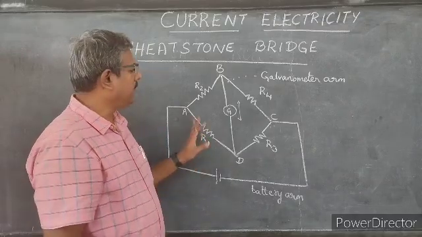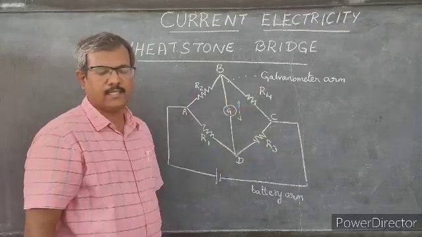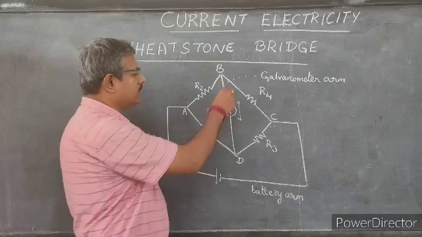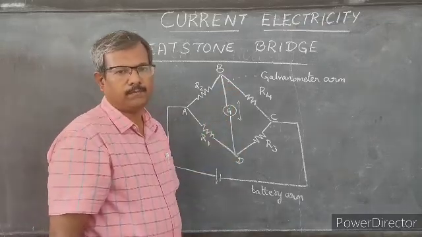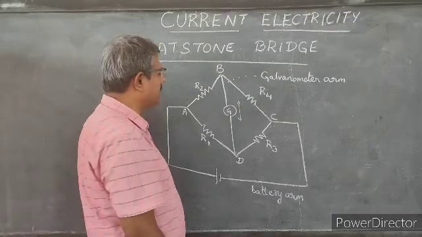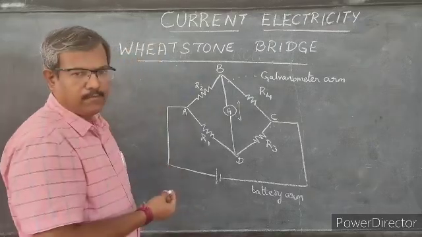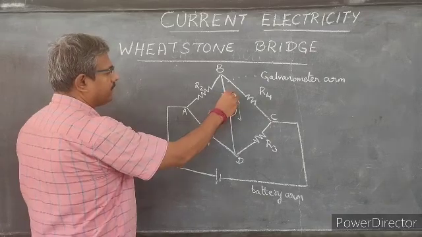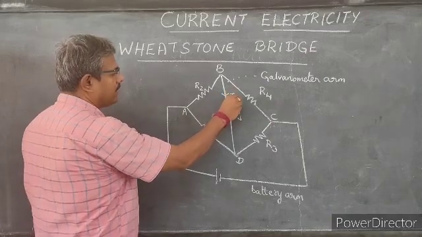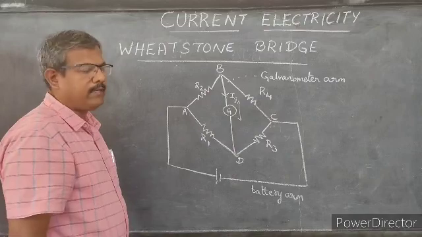So the idea is to balance out these resistors in such a way that there is no current flowing through the galvanometer arm. If that's the case, then let's say the current flowing here is Ig, because it's the galvanometer arm.